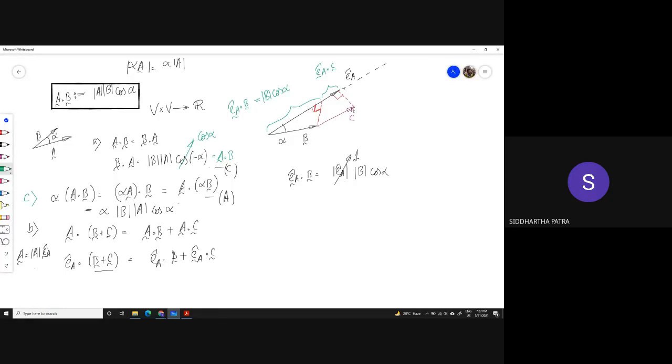That's what the projection is. So this part essentially is EA dot C in the same way.